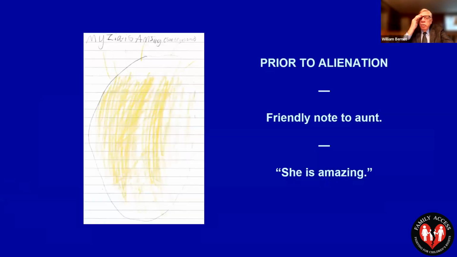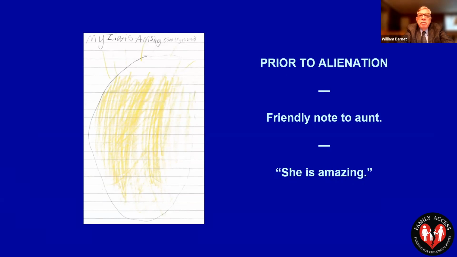So here's another one that's before and after. This actually relates to the child's aunt. I'm going to show you in the beginning, she appears to have a really sweet relationship with the aunt. I think what this says at the top, she puts the aunt's name, and then she says, she is amazing.